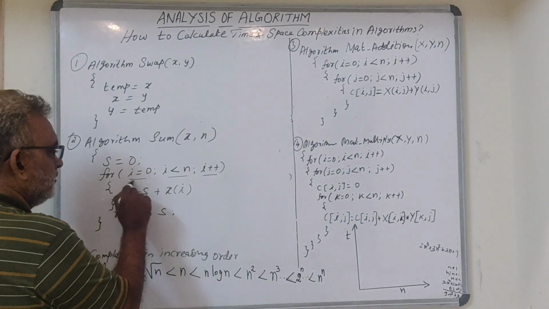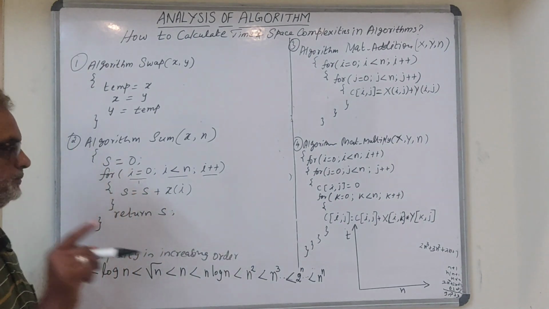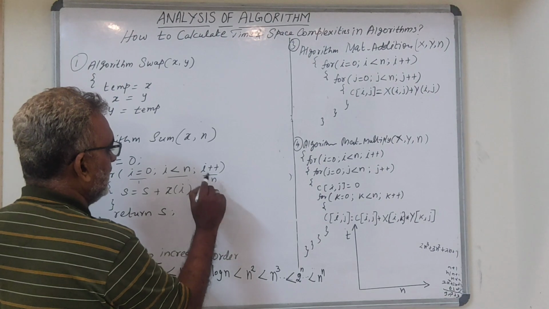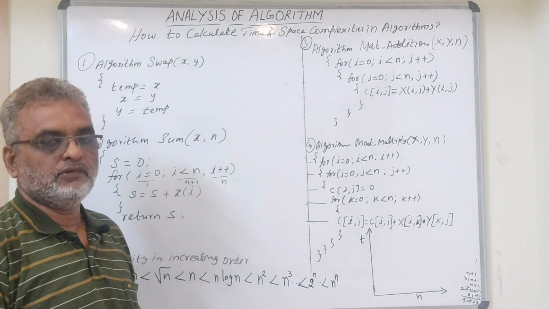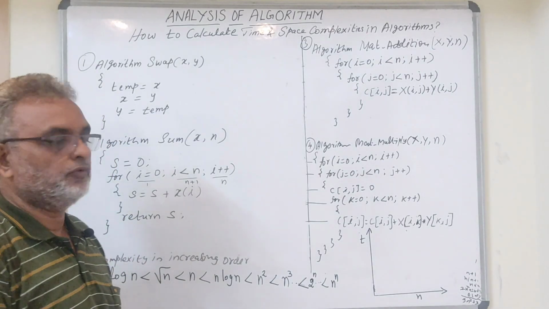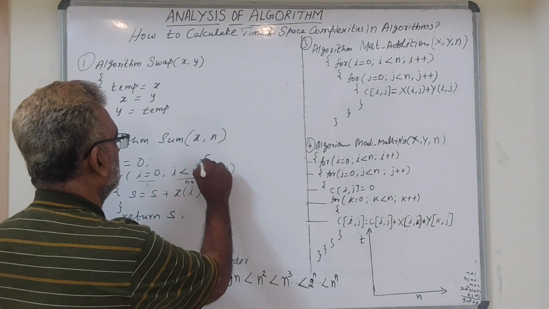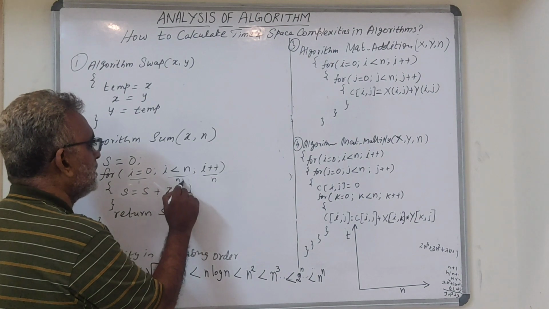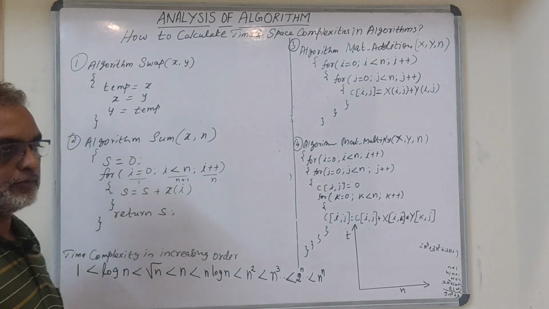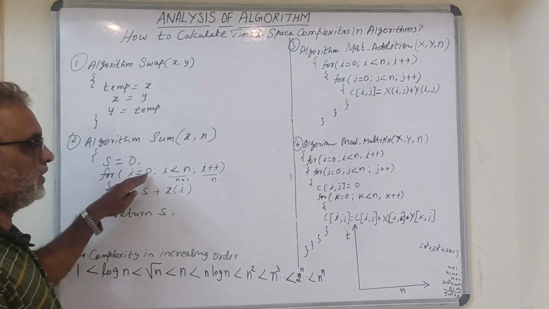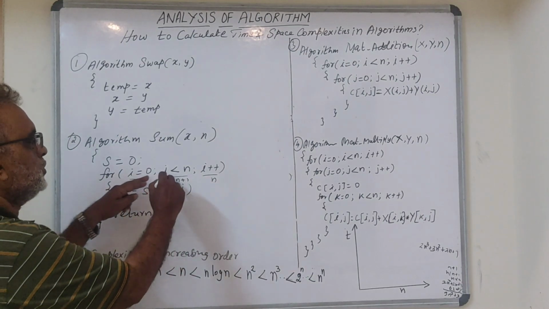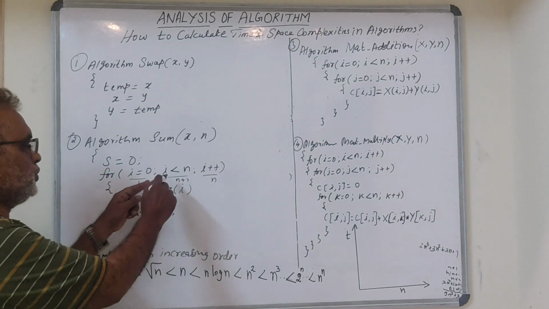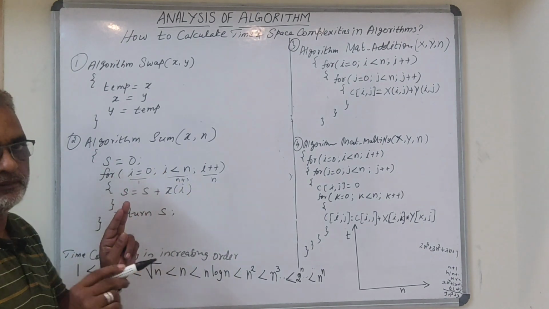The first statement will be executed only one time, whereas the next one will be executed for n number of times. Consider the value of n in this loop is equal to 5. The condition will be executed for n plus 1 number of times. Initially the value of i is 0, the condition is checked here. If the condition is true, this statement will be executed.